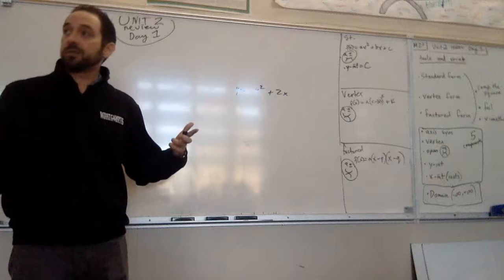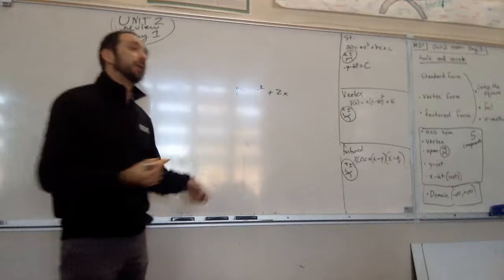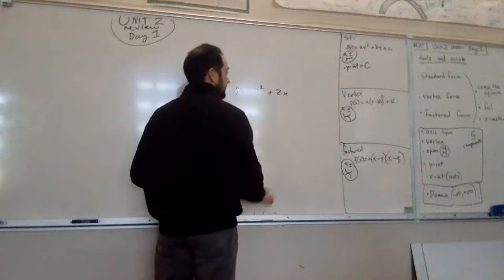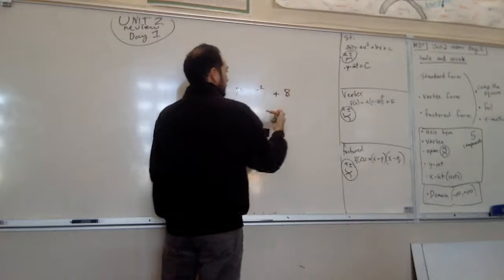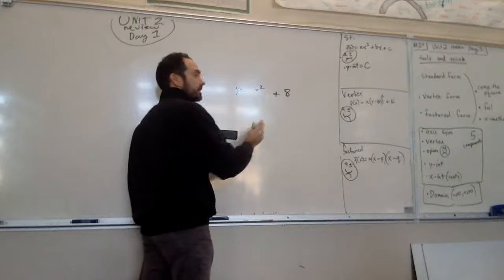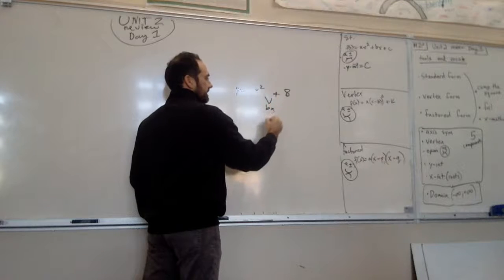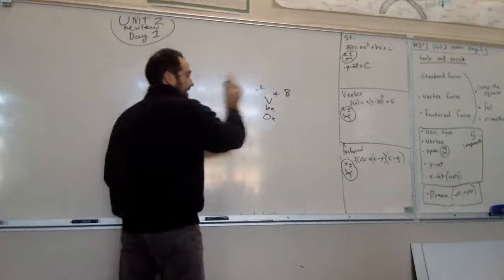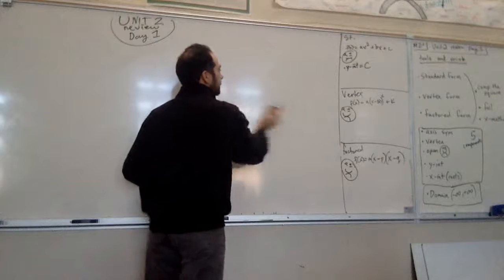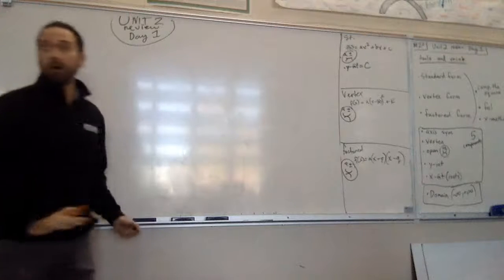Actually, there's a c, and its value is 0. If it ends up x squared plus 8, what is our b value? 0, because the b must be 0 in order to cancel out that term. Nothing's ever missing. There's just a 0 involved.